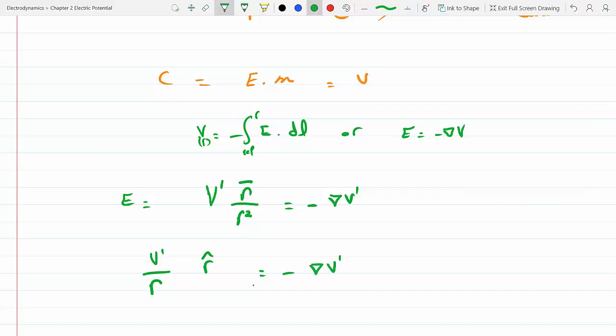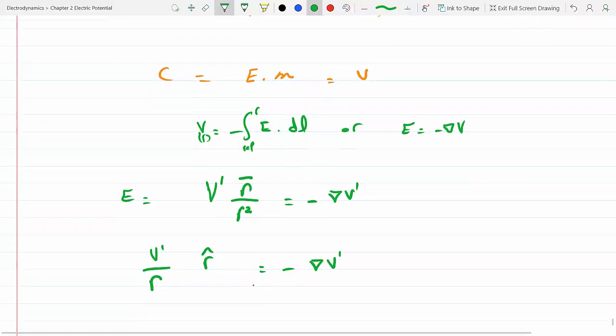Okay, well, let's see if we could solve for this. What's the gradient of V prime? Well, only the R component survives here. And we go back to spherical coordinates.